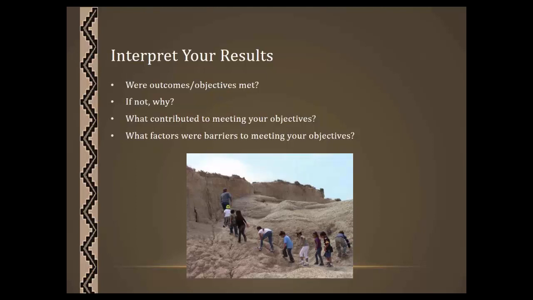Did you have 8, or did you have maybe 5 training sessions? And why did this happen? Or if you were going to hire a particular staff position in the first 2 months of your project, but you didn't bring someone on until closer to the end of the year, why did that happen? And did that impact meeting your objectives?